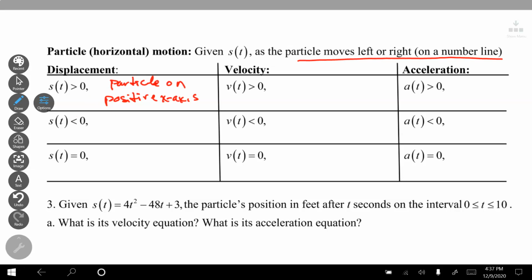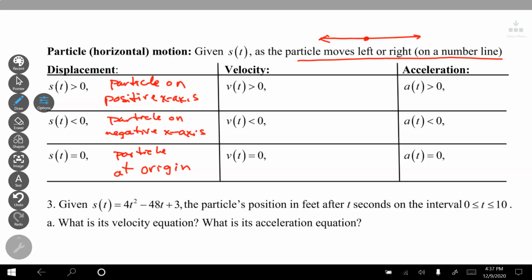Obviously when it's negative, the particle is on the negative x-axis. When it's equal to 0, the particle is at the origin. Wow, I can't even spell. At the origin. So this particle is just moving left or right on a number line.